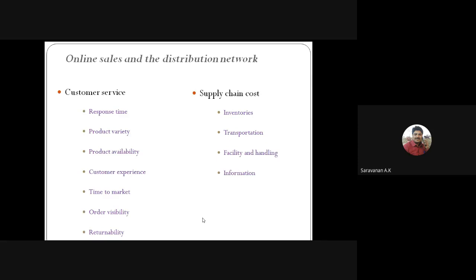Then the effective fund transfer. We can transfer the price of the particular product on the internet or on our mobile phone. Convenience can be enhanced. We can pay the amount by GPay, PayPal, credit card, debit card, whatever may be the term.